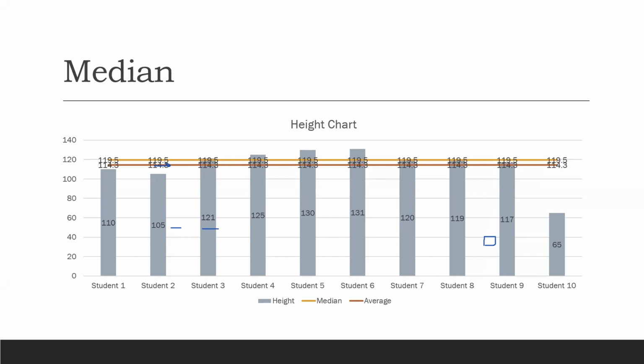If the data set is small, you can just arrange the values, or else you can directly use libraries to calculate the median. In a data frame, we use something called df.describe. It will show all the stats for a continuous value.